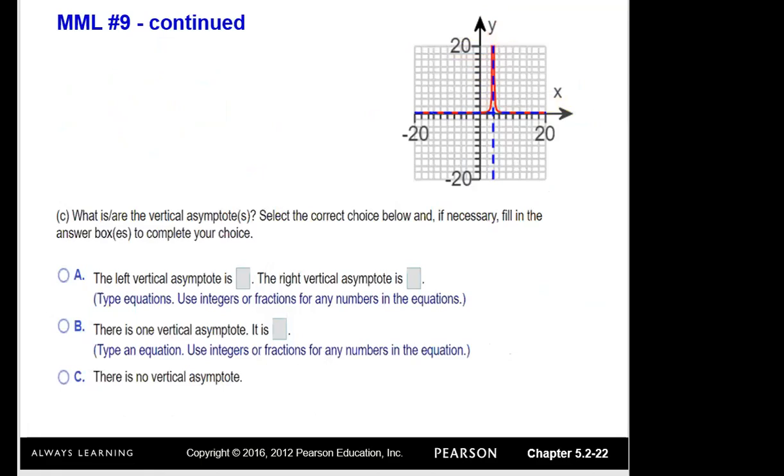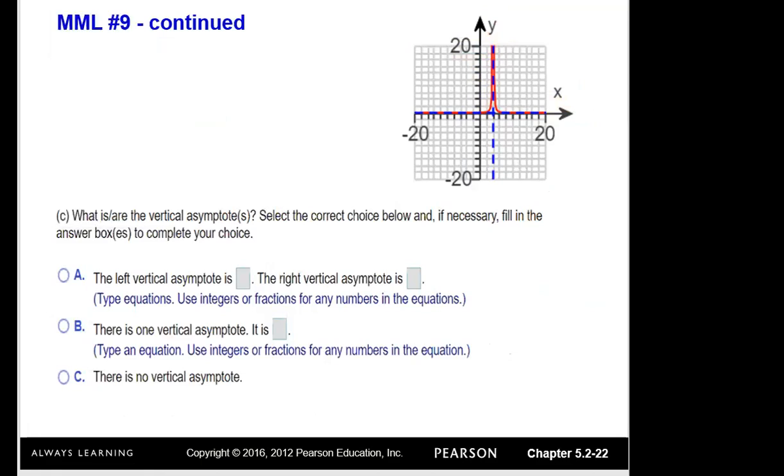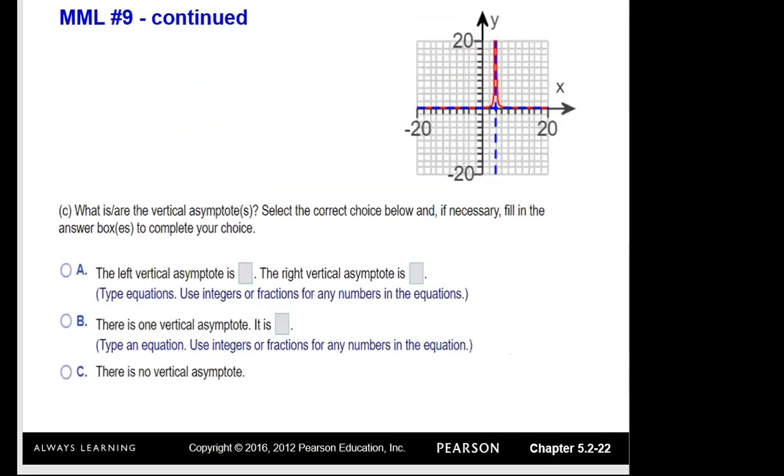What are the vertical asymptotes? Well, I can see it in the picture. There's my vertical asymptote right there. Oh, whoops, sorry. That says the left vertical and the right vertical. There's not more than one.